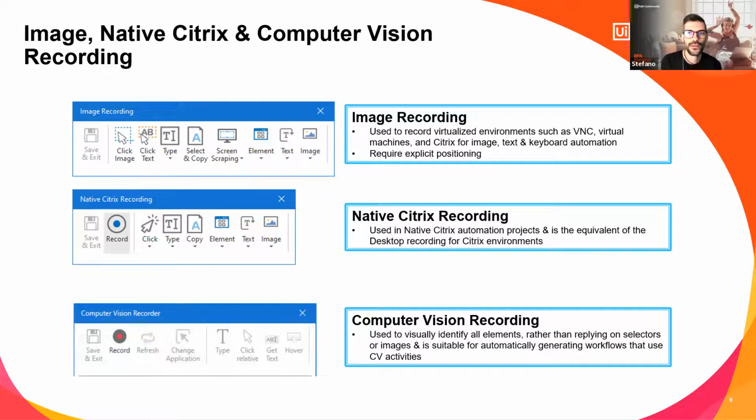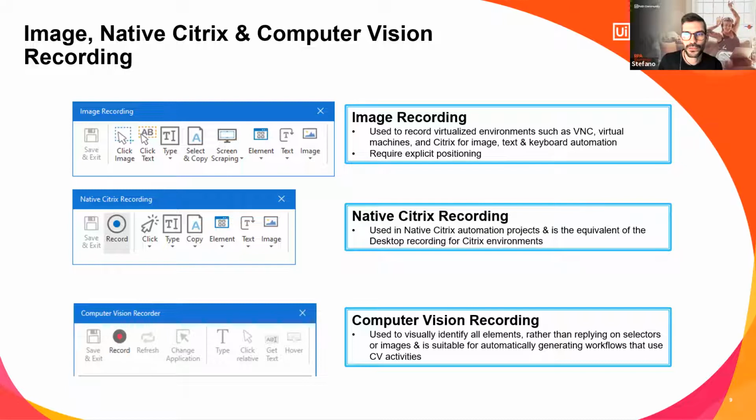these things. The Citrix recording has the same behavior as the desktop recording, but is used specifically for Citrix automation projects, so all the applications that are present in Citrix environments. Other than that, it is the same as the desktop recording. And finally, computer vision recording is used to identify all the elements by identifying the images and positioning inside the windows.